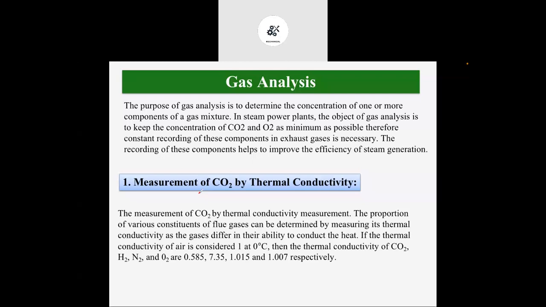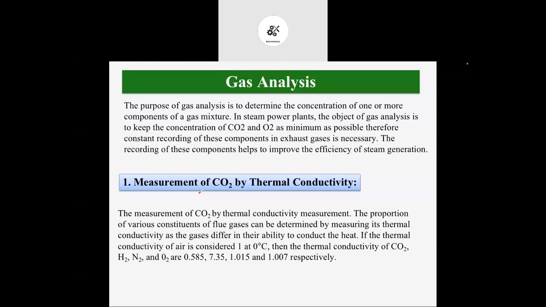So by measuring the content of the flue gases, we can predict the efficiency of the combustion and how efficiently it has taken place. By using gas analysis, we can also control the combustion process and try to provide an efficient combustion process.